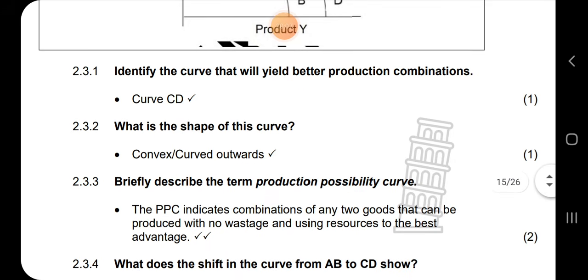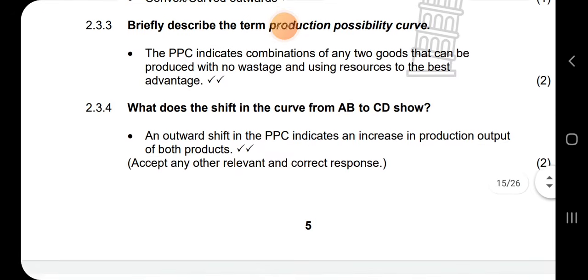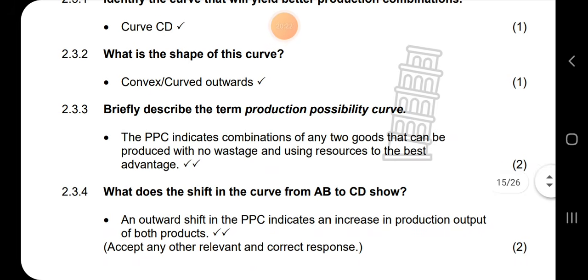And then 2.3.2 says, what is the shape of this curve? It's curved outwards or convex. The shape of this curve, you should give. They don't have any other relevant answer.